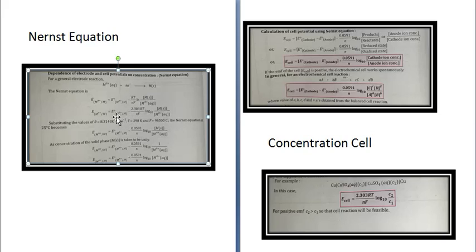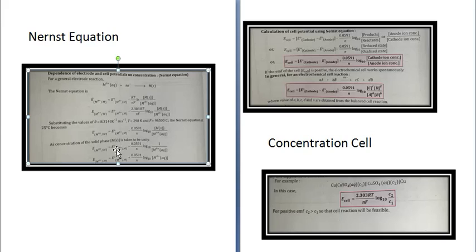Now if in this case you substitute the value of R, you know R is the gas constant, 8.314 joules per Kelvin per mole, and if you substitute T with 298 Kelvin and F with 96,500 coulombs, then the Nernst equation at 25 degrees Celsius becomes E(Mn+/M) = E0(Mn+/M) minus 0.0591 upon n log to the base 10 M upon Mn+.